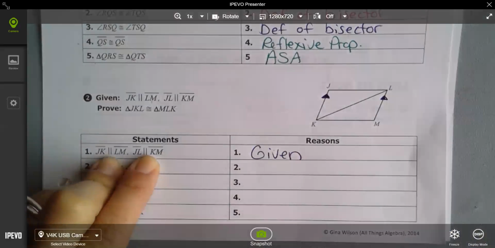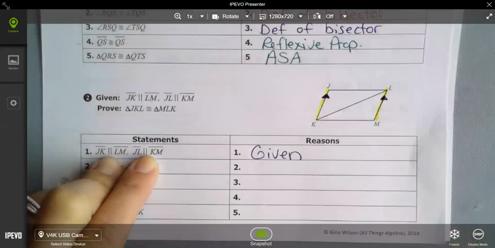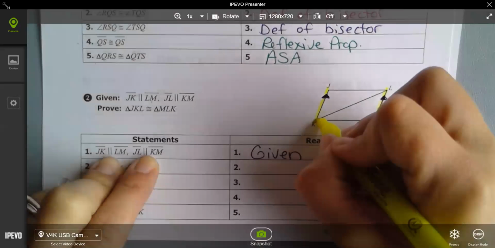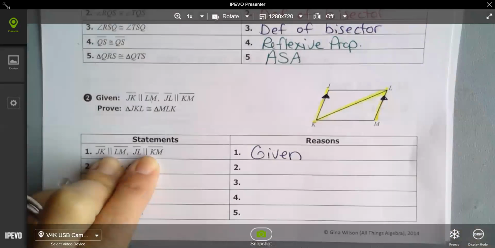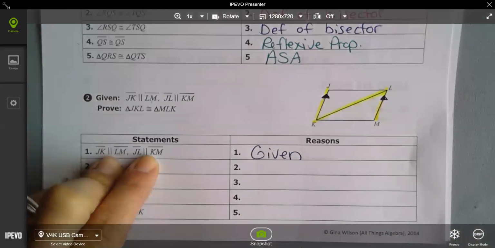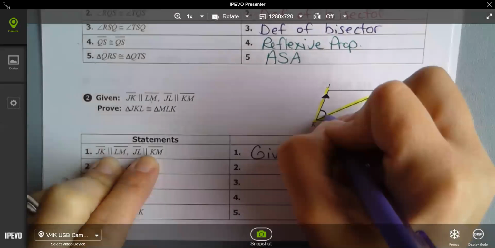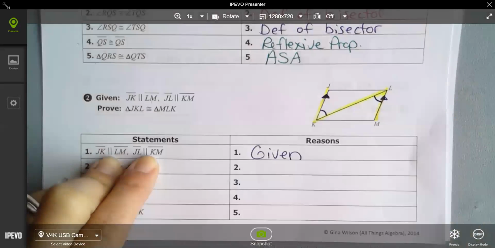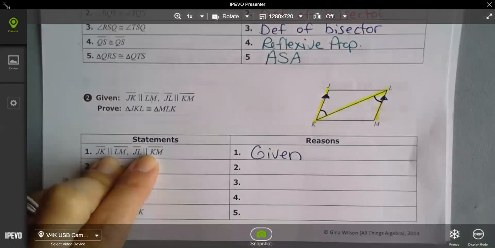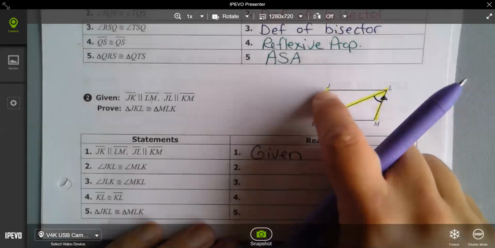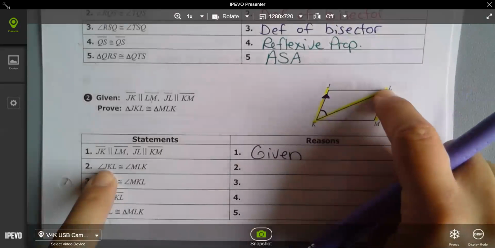So if I have these two parallel lines and they are cut by a transversal, it's going to make this angle and this angle congruent to one another. So what is that? That is angle JKL, so that's that one.